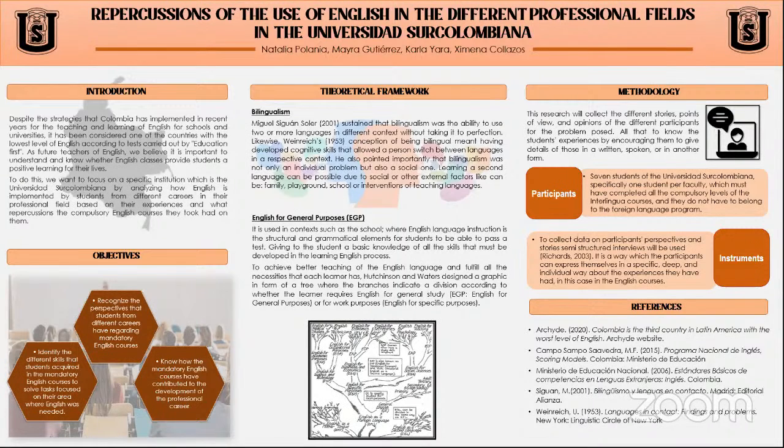English is gaining more strength as it's considered a universal language. For that, several countries have adopted this language as their second language to make communication between countries easier, and Colombia belongs to one of them.